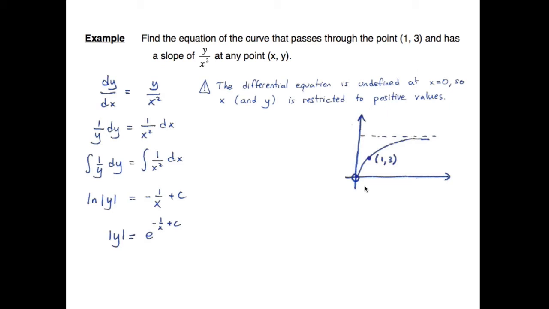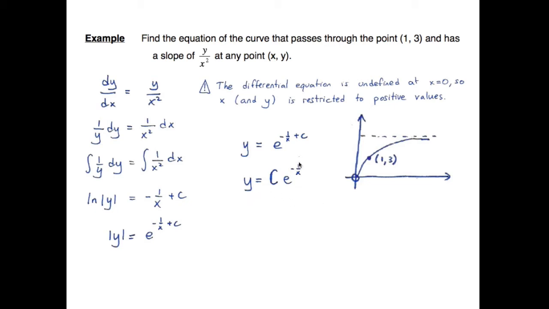What that means in our case is that y is always going to be positive, so we can get rid of the absolute value. We won't have negative values for y, therefore we can write y equals e to the negative 1 over x plus c. Most of the job is done now, we just need to use the point (1, 3) to find the particular solution.